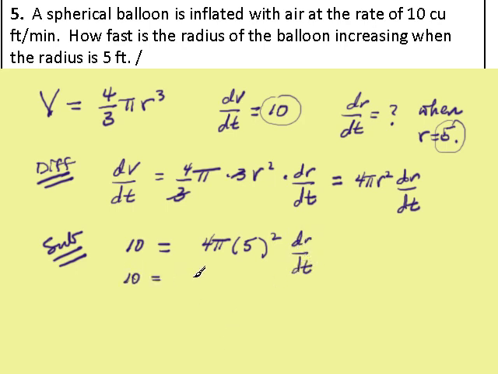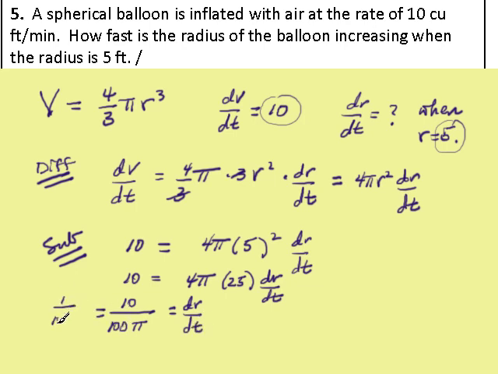So 10 is equal to 4 pi times 25 dr/dt. And just divide, and we have 10 over 100 pi is equal to dr/dt. And just cancel here, that's 1 over 10 pi. And our units would be feet per minute.